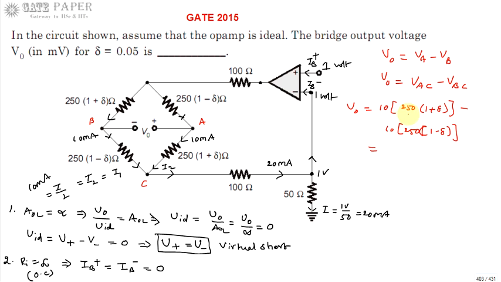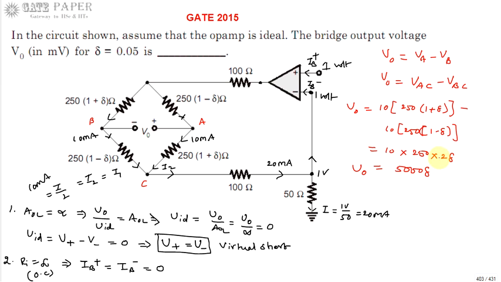So the 250 terms cancel, and only the lambda terms remain. Since it is minus into minus, it becomes plus. So this becomes 10 into 250 times of 2 delta. 250 into 2 is 500, and 500 into 10 is 5000 delta. So V0 is equal to 5000 delta.